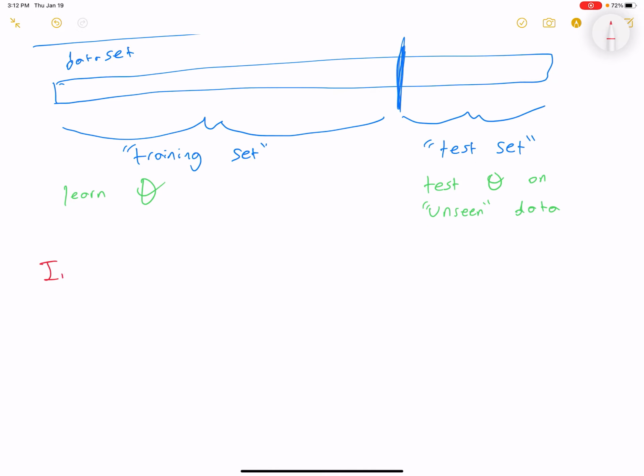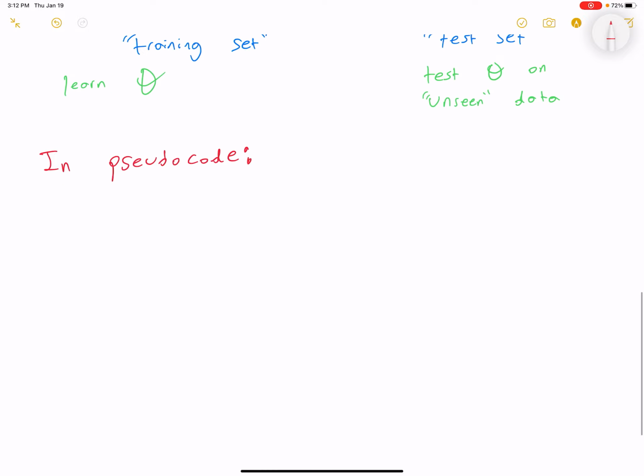So in pseudocode, we might have our data set, and a lot of the work in machine learning is getting your data set into this format. So you might have your X data, which is what you want to use as the inputs to your model. Let's say you're doing a classification with a 3-dimensional input space.